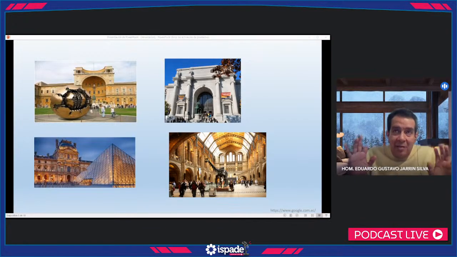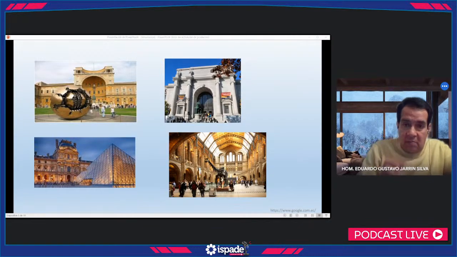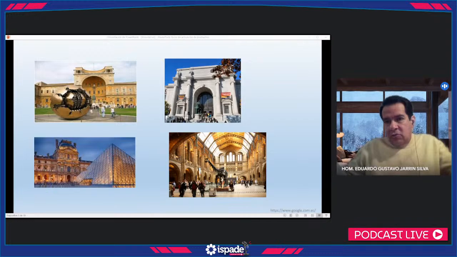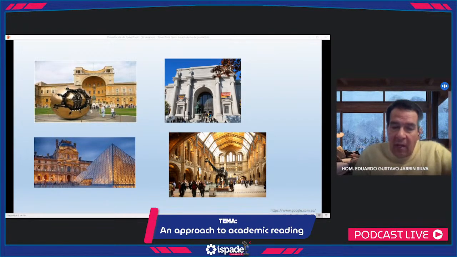So the moment they have their mental structure set on museums, it is much easier to work with the exercise because they know that all the vocabulary involved in that reading is going to be connected to museums. So works of art, expensive things, strange things, exhibitions, prices, costs, I don't know, whatever is connected to museums, right? So this is, for example, one way to make them understand gist.